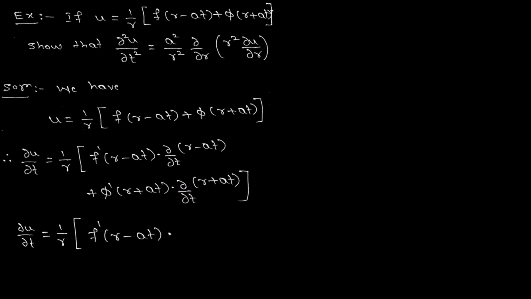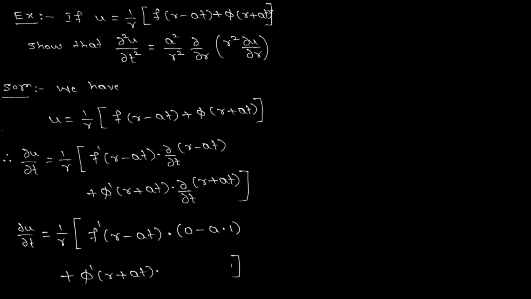Differentiation of r is 0 because r is a constant, minus a as it is. Differentiation of t with respect to t gives 1. Phi dash, let us write this as it is.